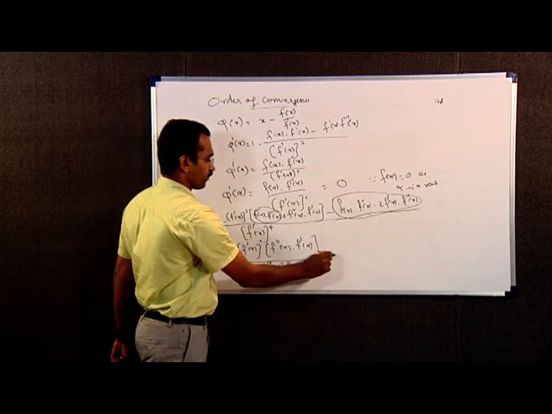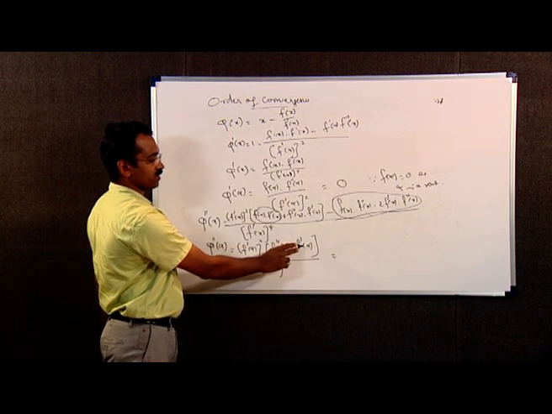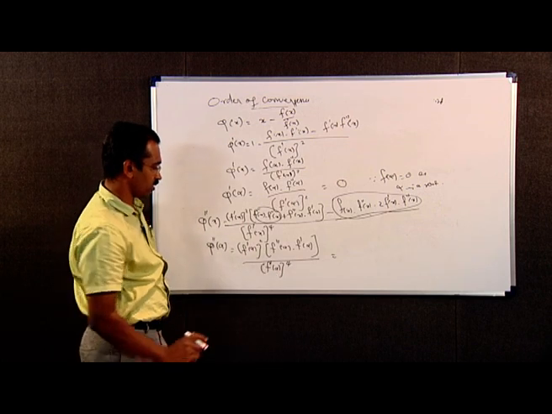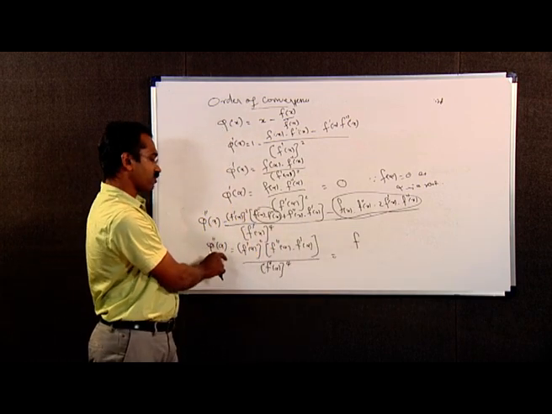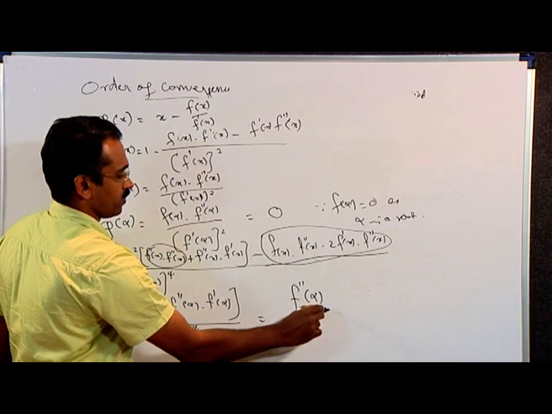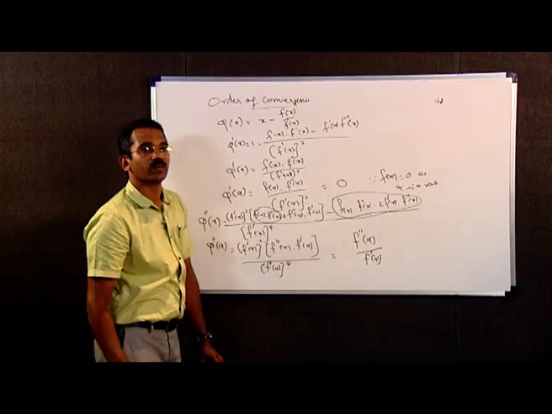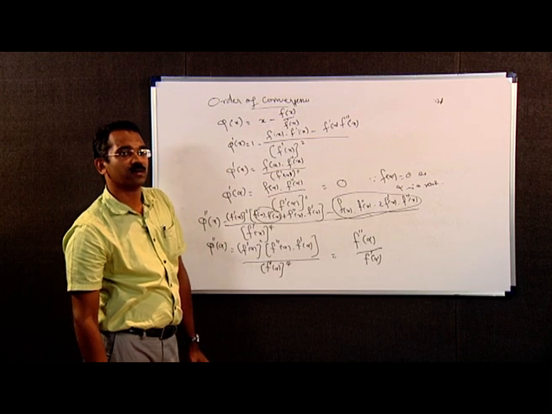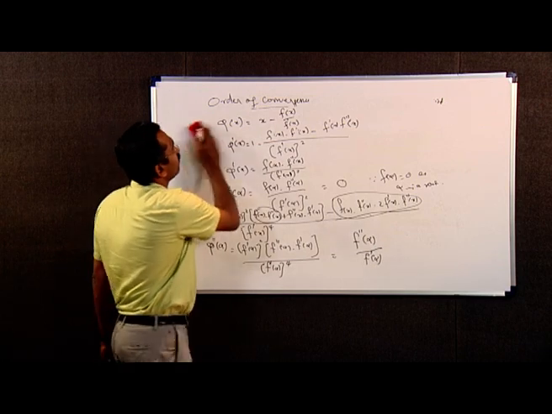That is equal to f dash of alpha square into f dash of alpha, which is f dash of alpha whole cube, in the denominator f dash of alpha raised to 4. On cancellation, we will get phi double dash of alpha is equal to f double dash of alpha divided by f dash of alpha.